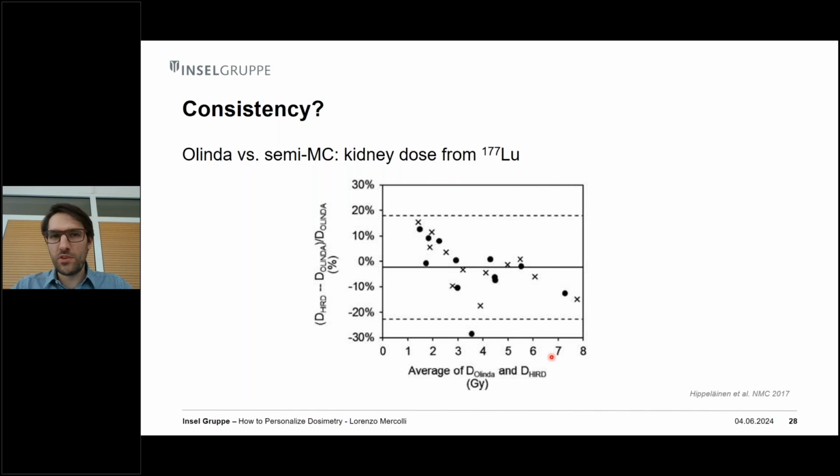And you see for the kidney dose, so the crosses and dots are left and right kidney, and yeah, it checks out. So these two computational methods, at least for lutetium, I believe it's in this publication, it's for DOTA patients, give a fairly consistent picture.